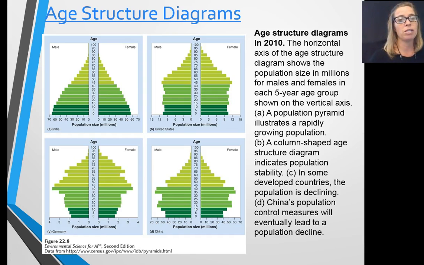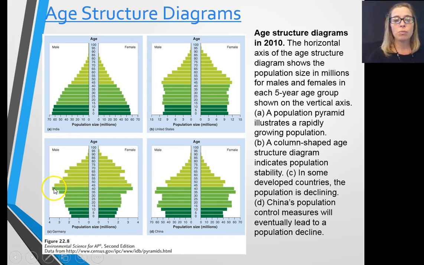And so the population is going to display very fast growth. When you have a situation like this, you've got some pretty steady development of the population. This doesn't mean that the population's not growing. This population is growing. It just means that the rate of growth has decreased or is leveling off.